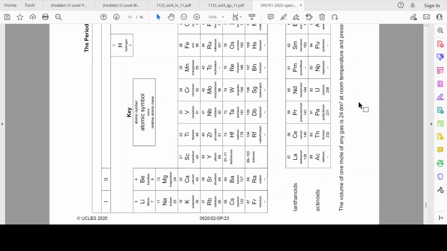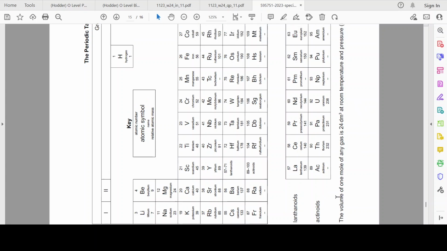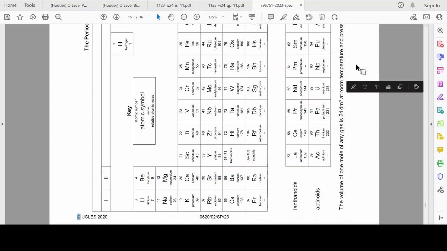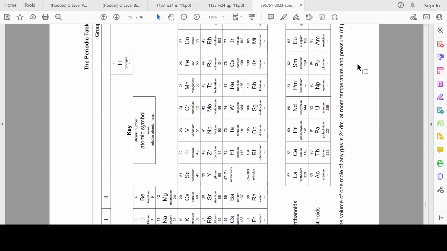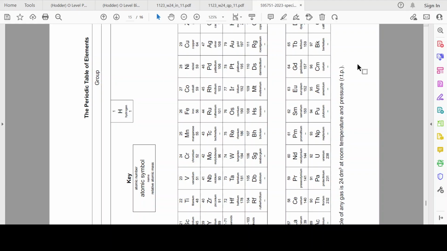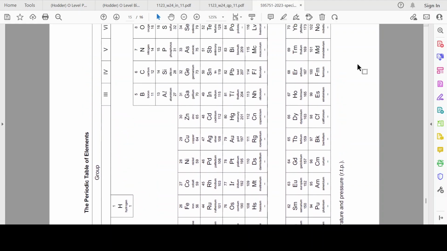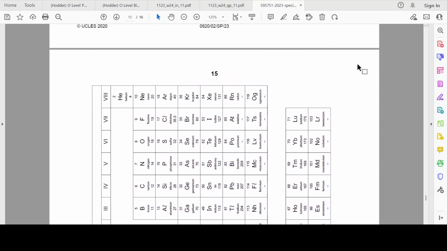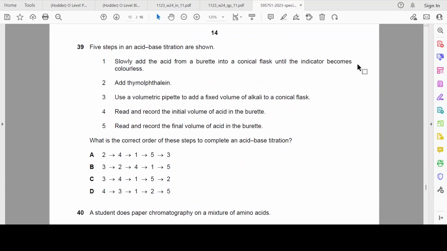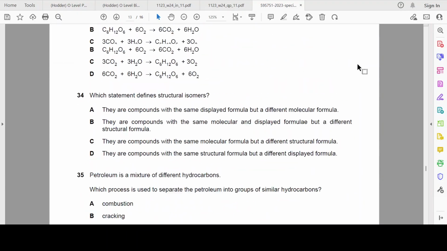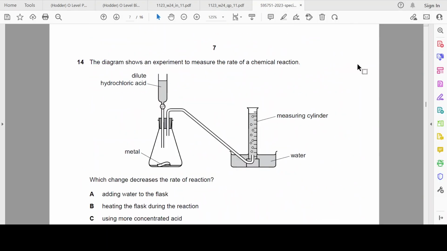And they also tell you the volume of 1 mole of any gas is 24 dm³ at room temperature and pressure. Isn't that helpful? So you have the periodic table here, and then you've got all these questions. So let's get to it.